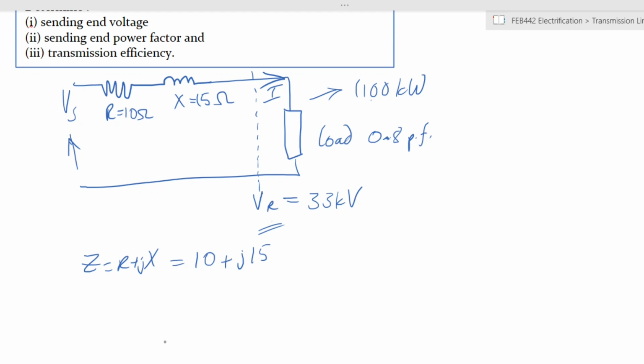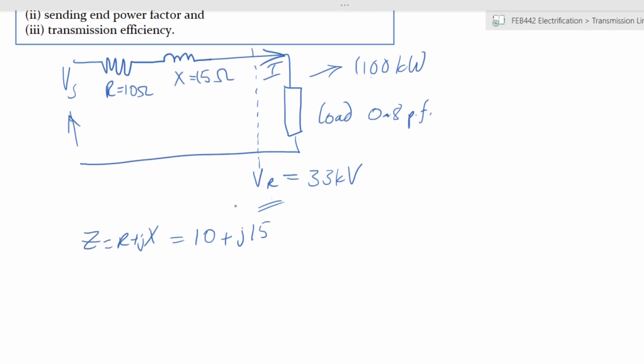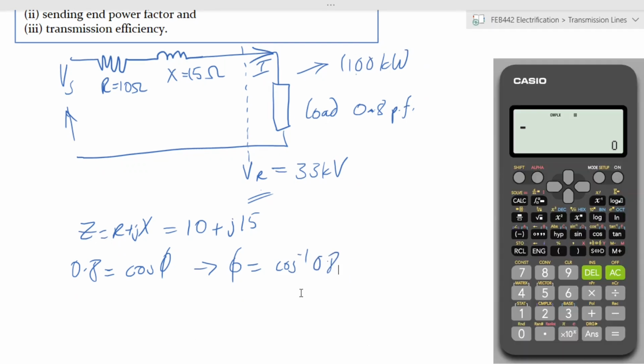That's item number one. We also know that at the receiving end, the power factor is 0.8, which is equal to cos phi. Therefore, phi is equal to cos inverse of 0.8. Let's bring out the calculator. What is the inverse cos of 0.8?